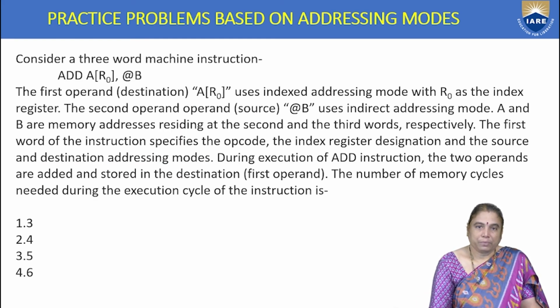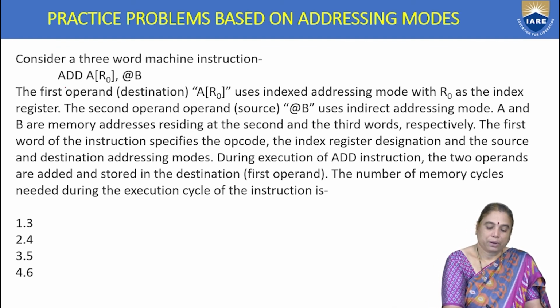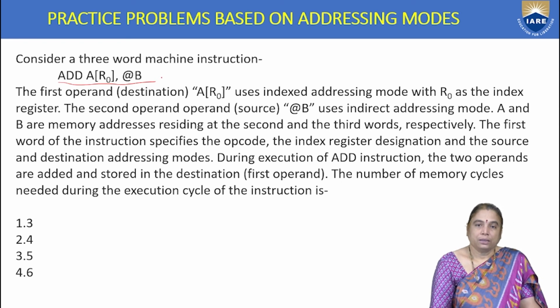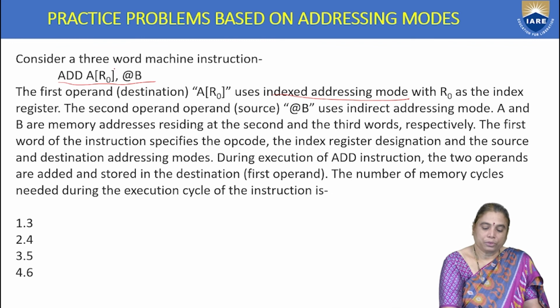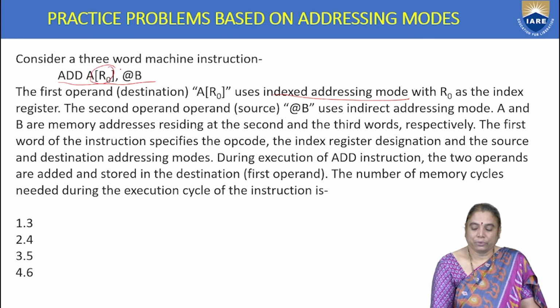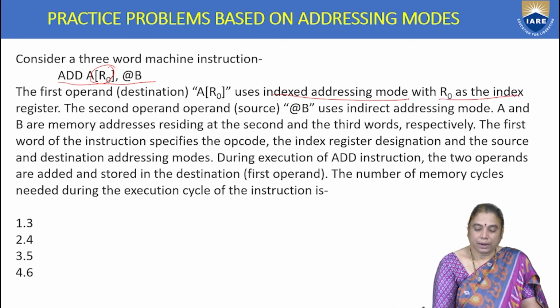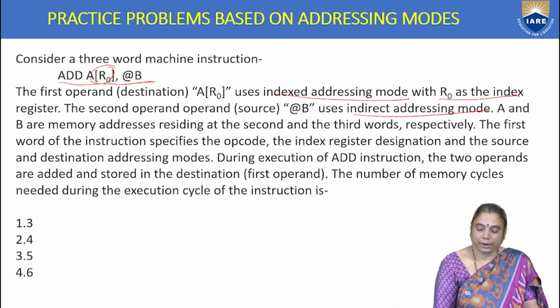Next type of problem: consider a three-word machine instruction. The instruction is add, and two operands are specified. The first operand uses indexed addressing mode, and R0 is an index register. The second operand, @B, uses indirect addressing mode; the @ symbol indicates indirect addressing.